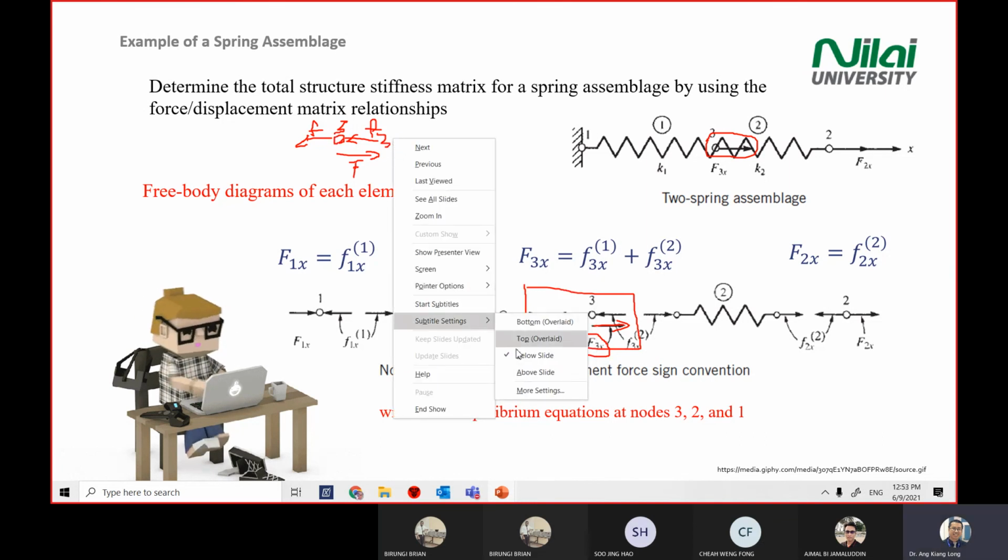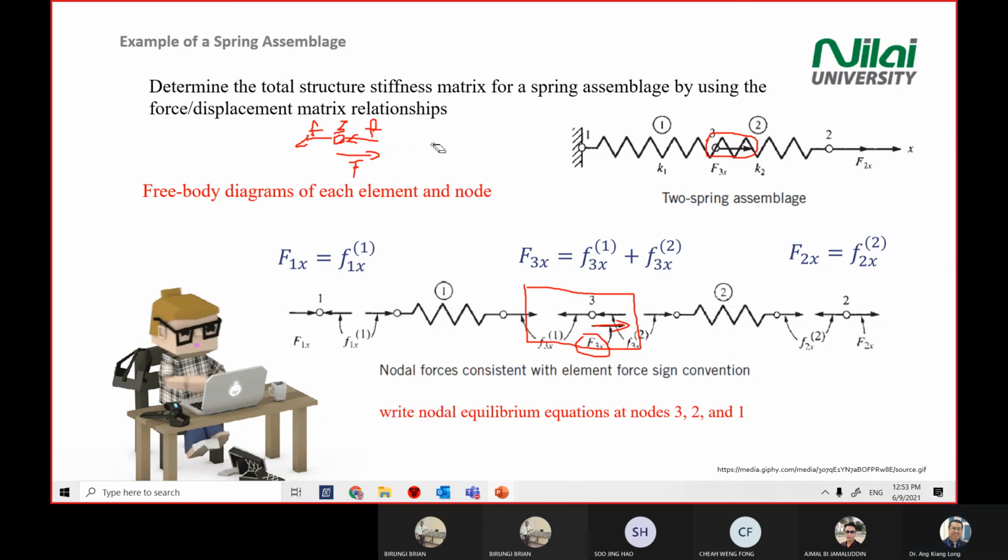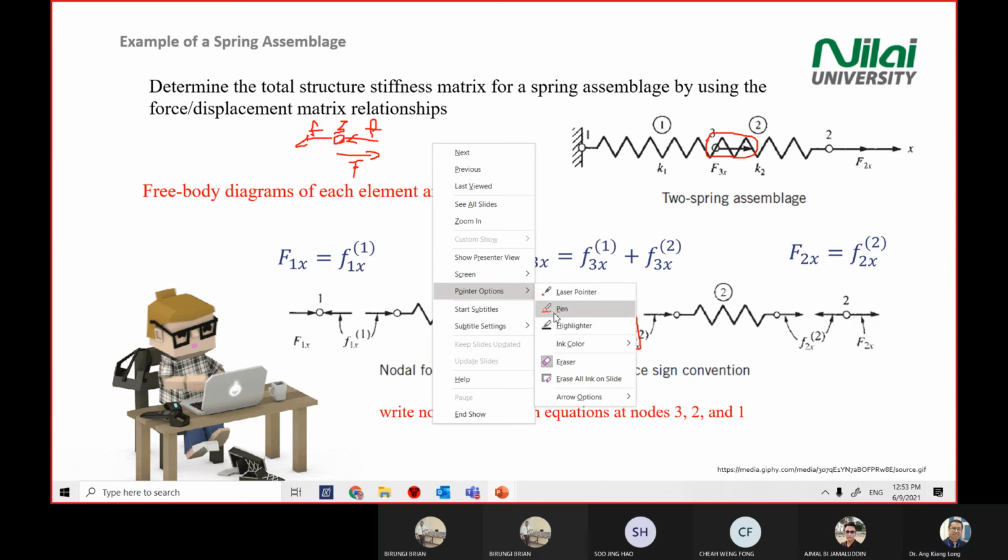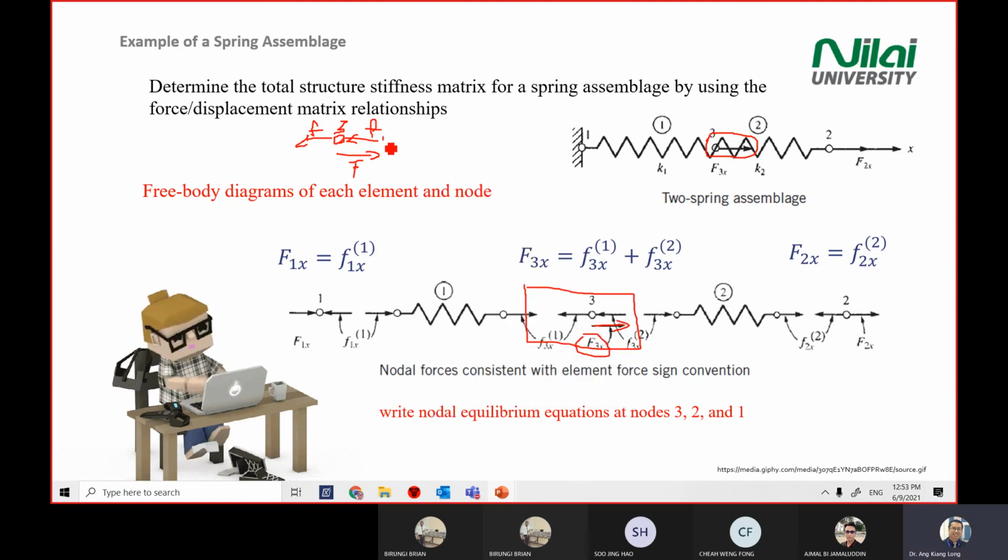Maybe I write in a simpler form. I label this one as B, this one as A. So how do you write that all the forces inside this system are 0?